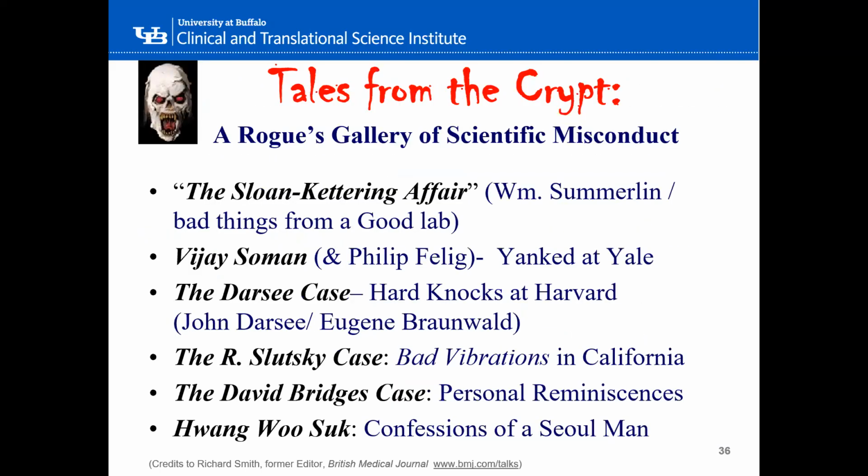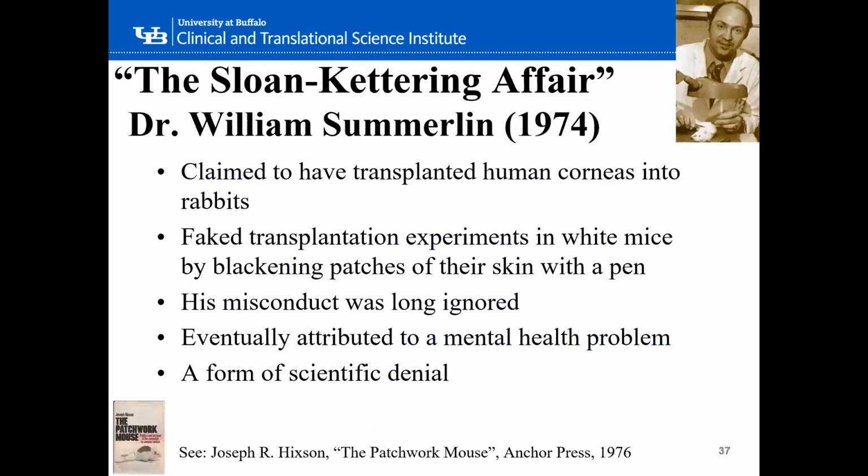So I'm going to go into my rogues gallery of several high-profile cases of research misconduct, and you'll note that these all have occurred at very high-ranking academic institutions. So this is what I call the Sloan Kettering affair. There was a researcher named William Summerlin, 1974. He had claimed to have transplanted human corneas into rabbits.